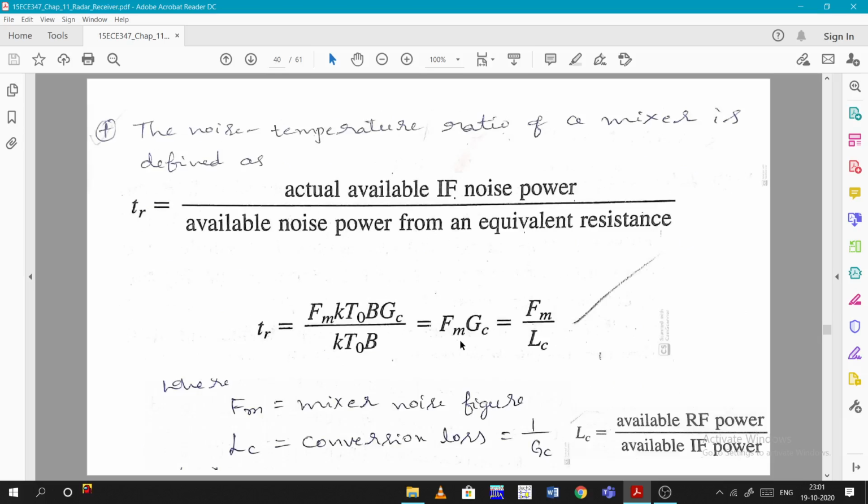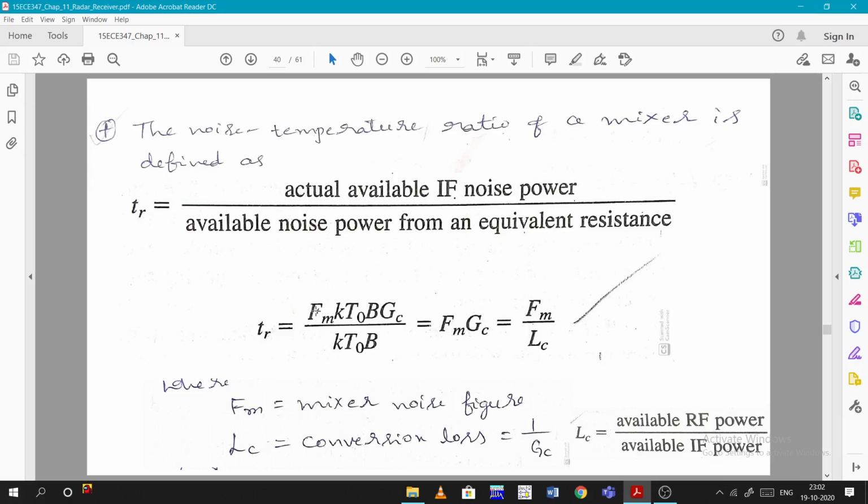Now the noise temperature ratio of a mixer, TR, T for temperature, R for ratio, is the actual available IF noise power divided by the available noise power from an equivalent resistance. So we get Fm equals Fn by LC.